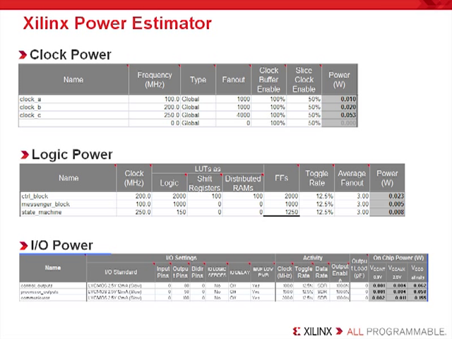In this case, that could be a LUT, shift register LUT, distributed RAM, and flip-flop that is associated with each clock domain. This will also require you to estimate the average activity rate, shown here as a toggle rate. It also asks for the average fan-out for each resource. This allows high fan-out nets to be estimated as well.